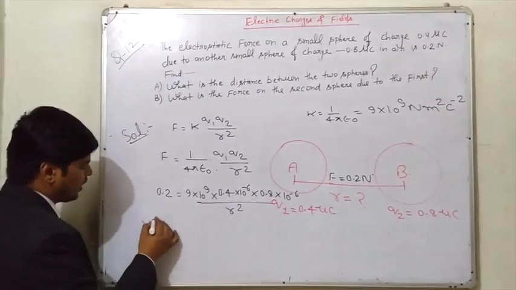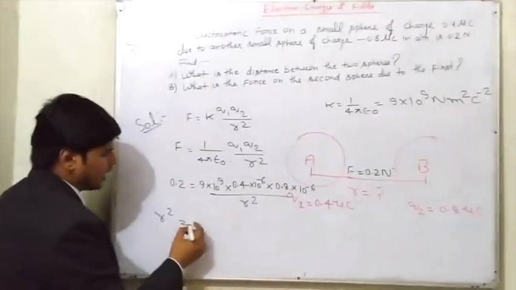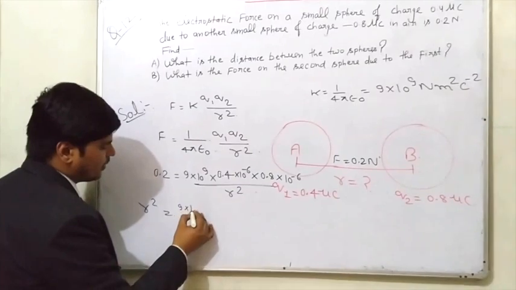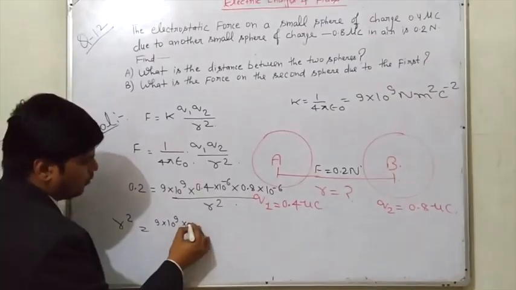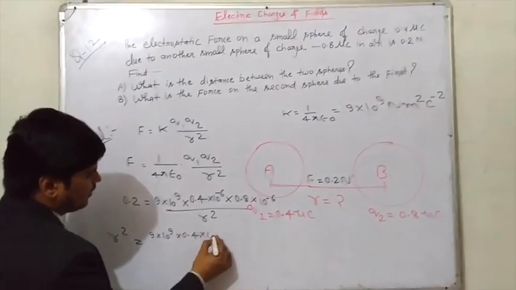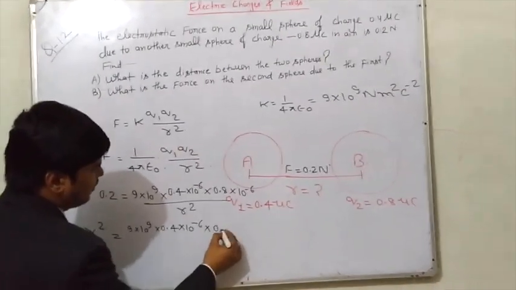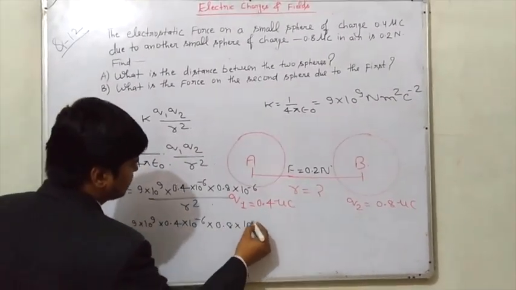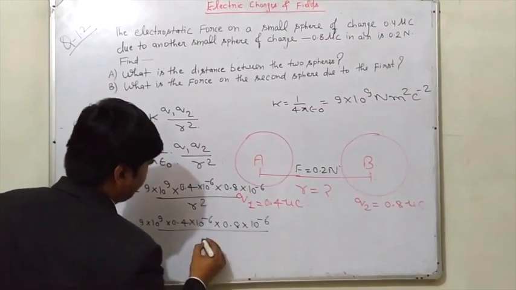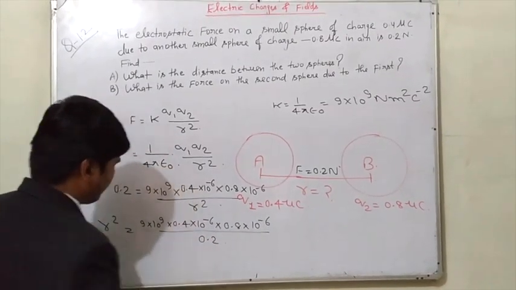Find the value of R square. So interchange it. R square equal to 9 into 10 to the power 9 into 0.4 into 10 to the power minus 6 into 0.8 into 10 to the power minus 6 divided by 0.2.